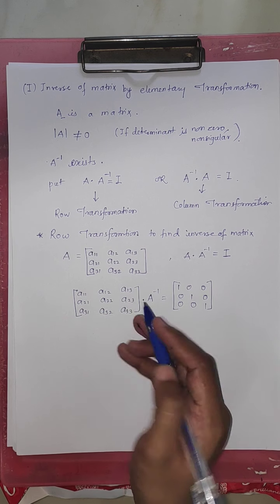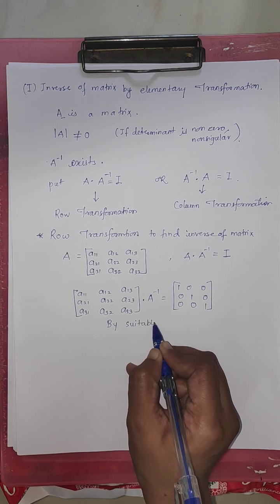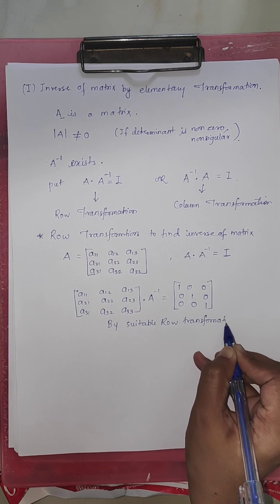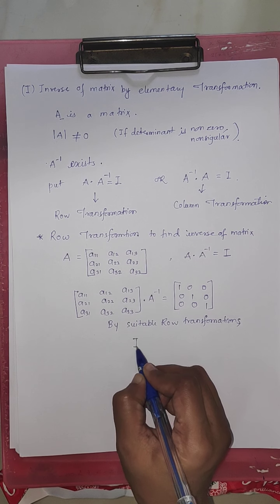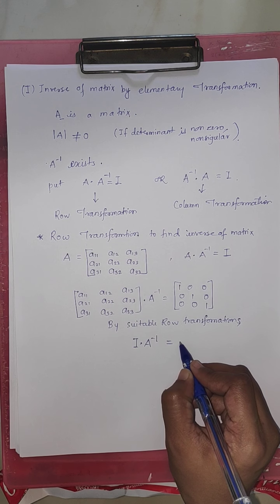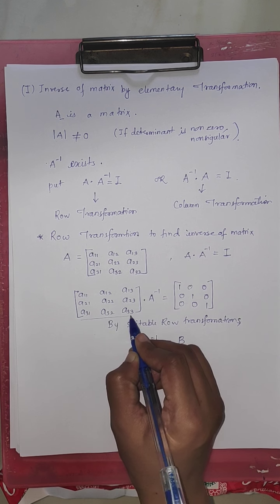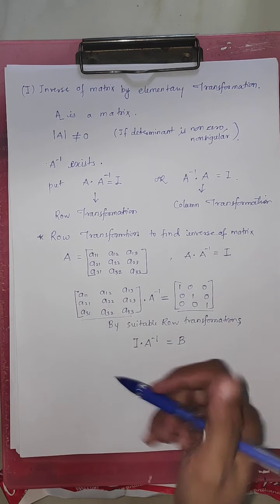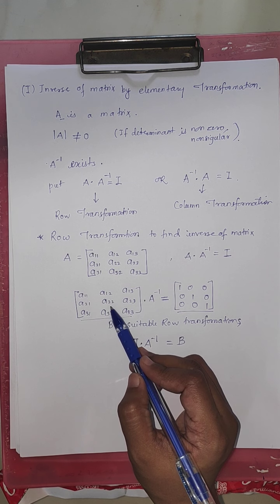You have to convert it by suitable row transformations. We will do many row transformations such that this becomes identity and this becomes some new matrix, because when we apply row transformation on this, we have to apply it on this side also, because it is equal here. So we have to apply it on both sides. So we will change this matrix to identity matrix by suitable row transformation.